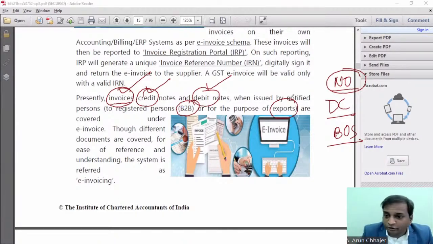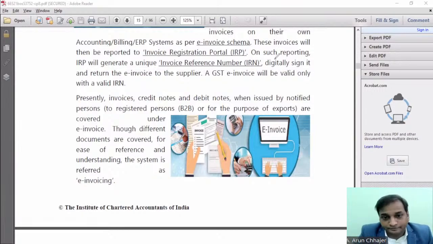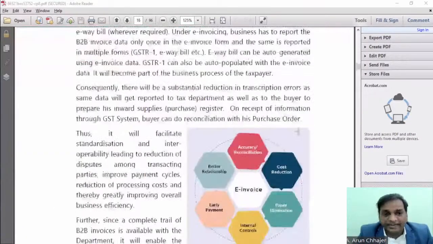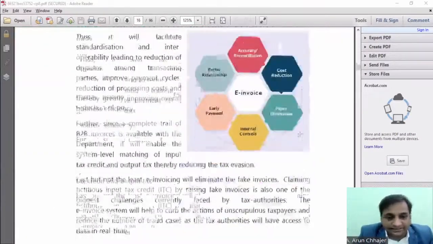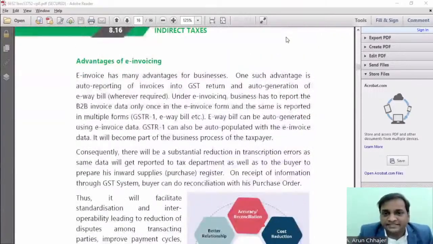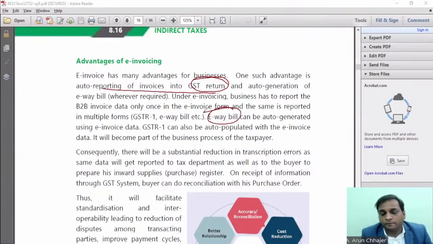Very, very important topic. You will definitely find the question. Doesn't matter 2 marks or 5 marks, but you will find question on the e-invoicing. Advantage, see, major advantage, you can read the theory. Major advantage is that it will auto-populate in the GST return. It will auto-populate in e-way bill portal also.